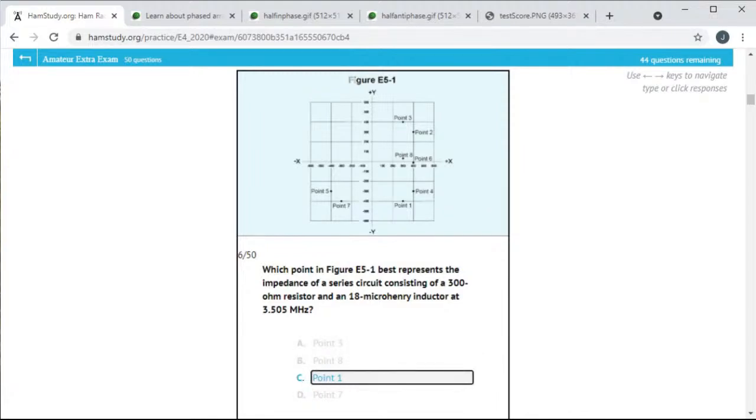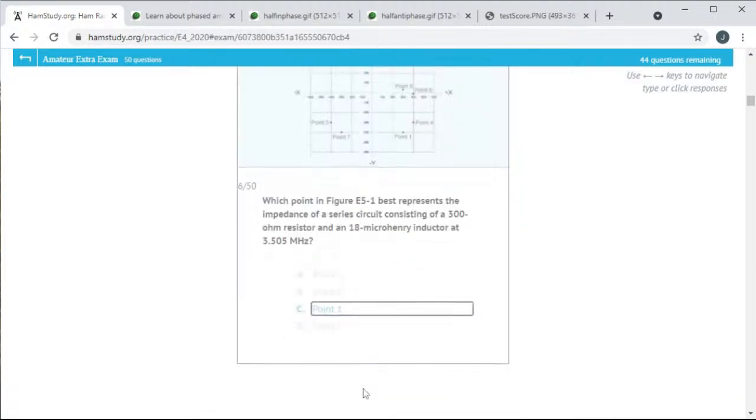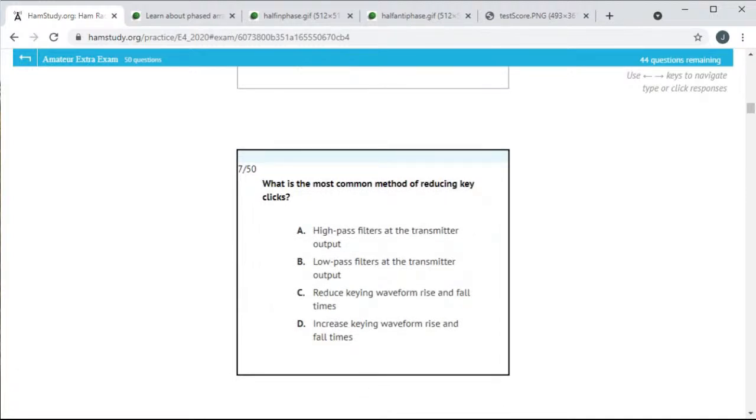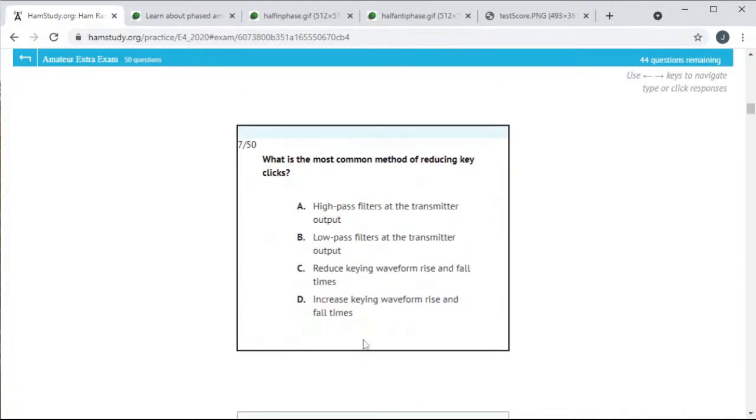A, point 3, Y 400 X 300. B, point 8, Y 50 X 300. C, point 1, Y negative 400 X 300. D, point 7, negative 400 Y negative 300 X. C. Basically I've seen this question like 3 times and I've memorized it, because that's the only way I'd be able to know that one is by the fact that I memorized it.